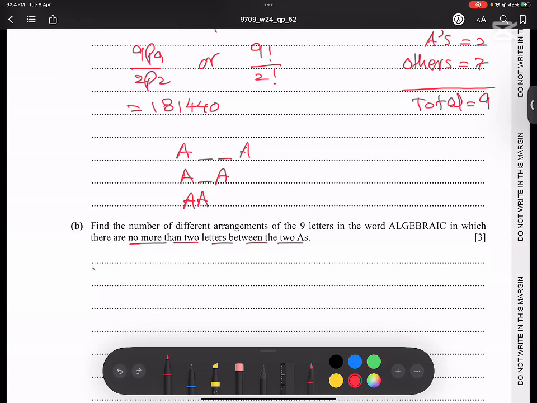So let's try to do it. 1, 2, 3, 4, 5, 6, 7, 8 lines, so nine boxes. So have a plan. The first A can be anywhere; you can write A here also, no problem.